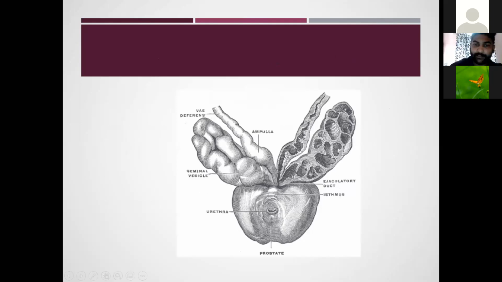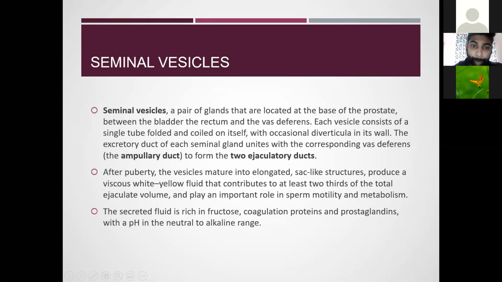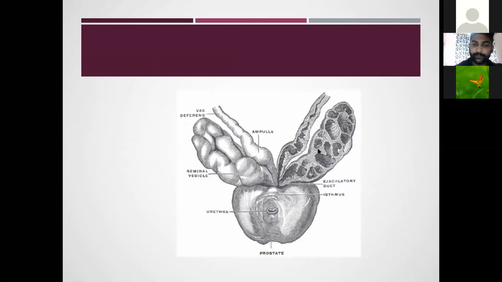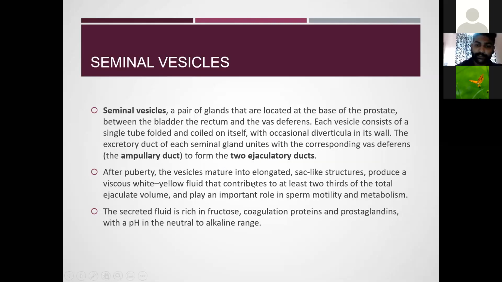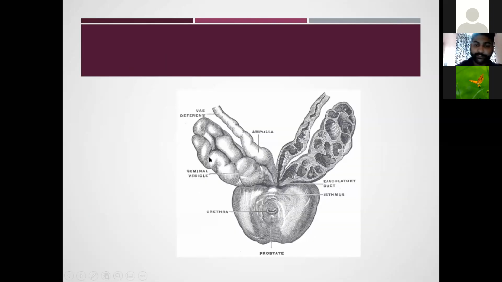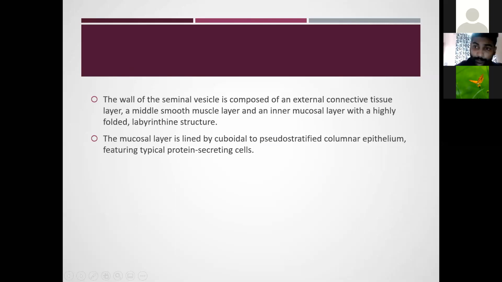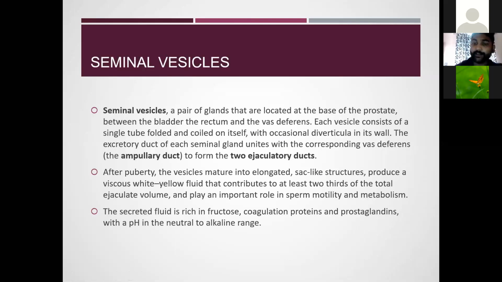It is a pair of glands, two in number, located at the base of the prostate, situated between the urinary bladder, the rectum, and the vas deferens.